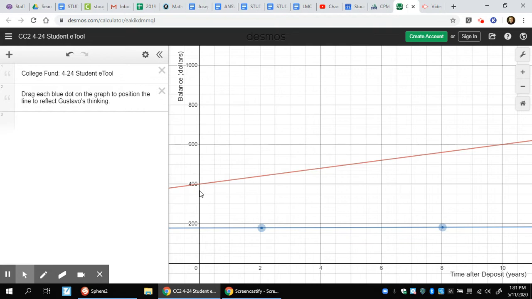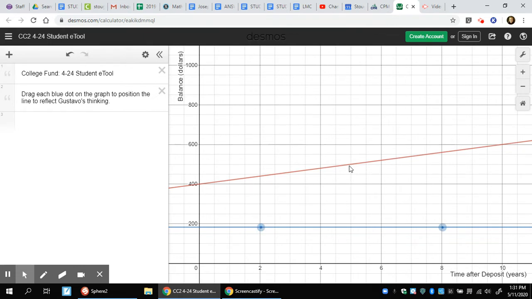How much is the growth after 5 years? Well, 5 years is somewhere in here between 4 and 6, right? So the graph shows us that it's gone up about, just like we thought it did.